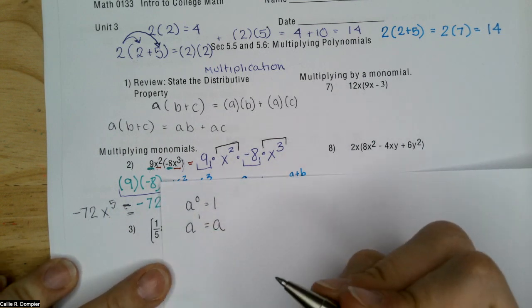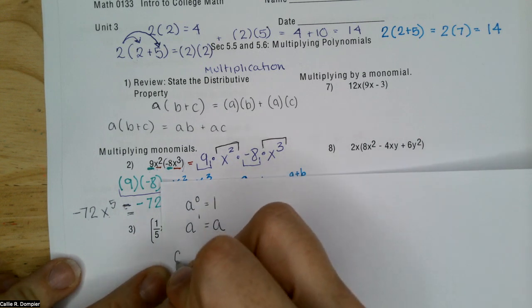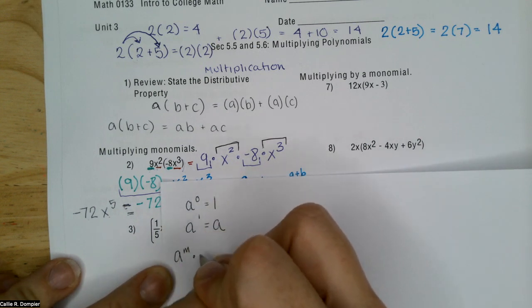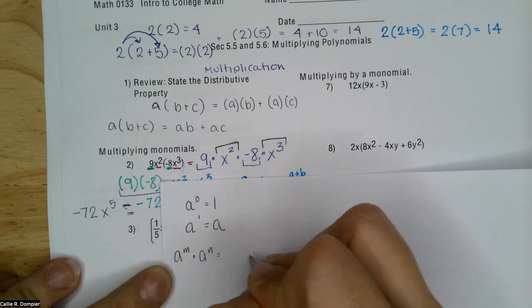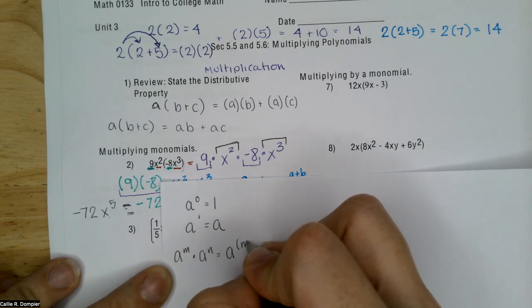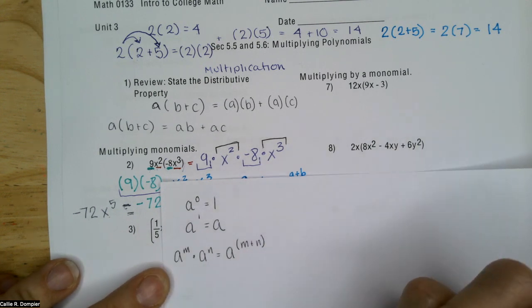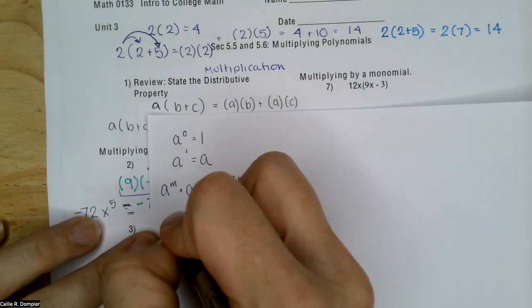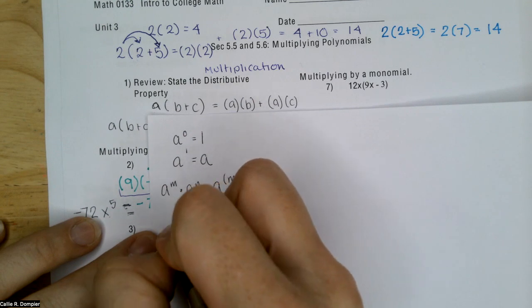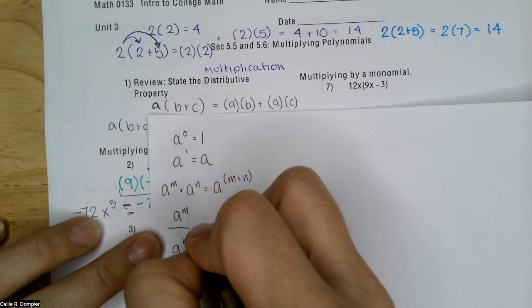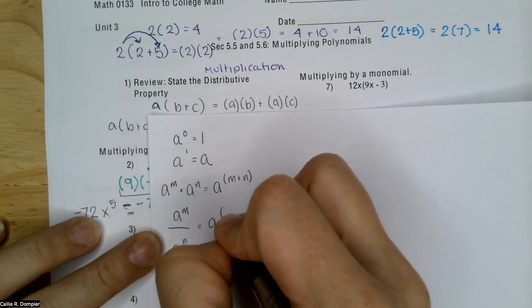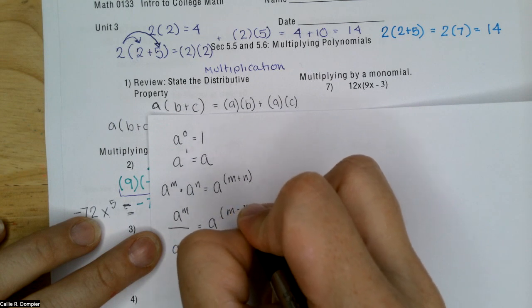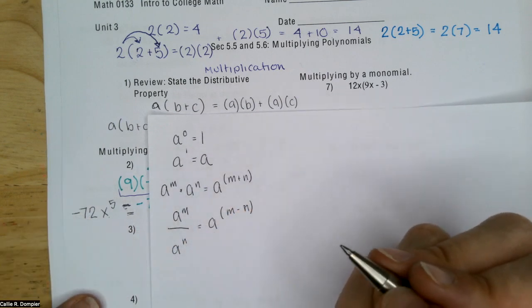The product law, that's what's going to come up a lot today, is a to the power of m times a to the power of n equals a to the power of m plus n. Okay. The quotient rule, a to the power of m divided by a to the power of n equals a to the power of m minus n. So these are from 5.1 and 5.2.